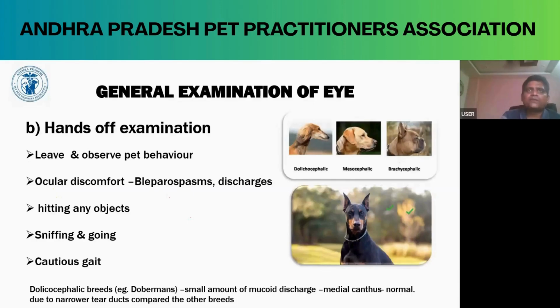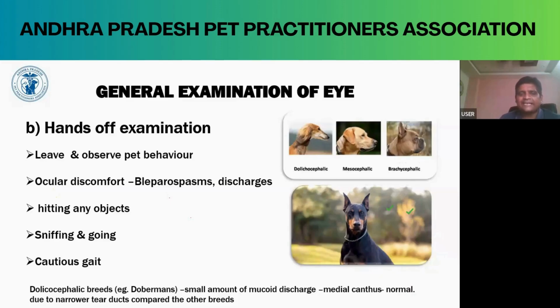So generally, whenever the case is presented, you just tell the owner to leave the dog in that particular examination room or area, and just leash off and let it run. Then the ophthalmologist should observe the pet's behavior, mainly the discomfort. Is it going with a cautious gait? Is it sniffing as it goes?